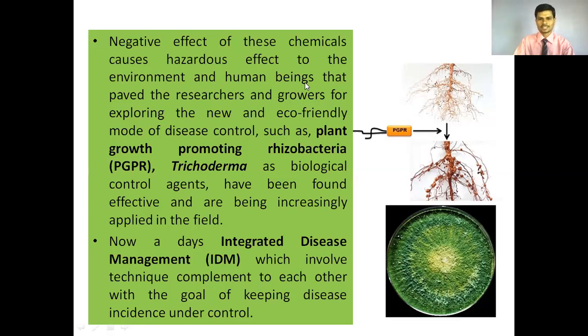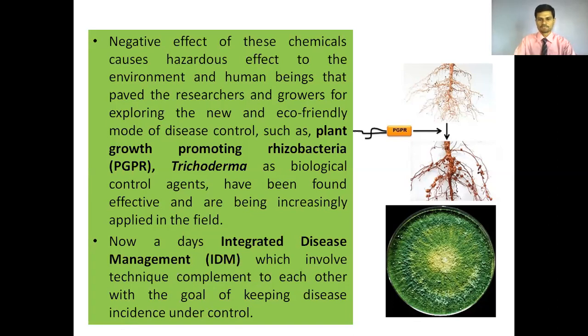Due to this, scientists nowadays move towards eco-friendly modes of disease control, such as plant growth promoting rhizobacteria or the use of Trichoderma as a biological control agent, which have been found effective against many diseases. Then integrated disease management is also followed, which involves techniques that complement each other: cultural practices, chemical management, and biological control management.